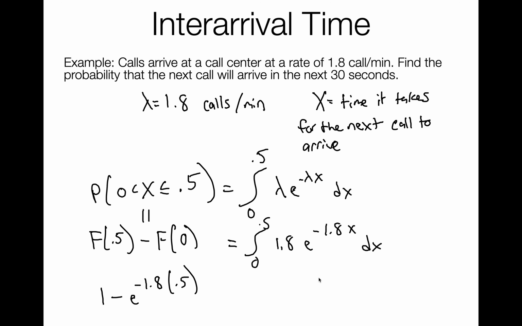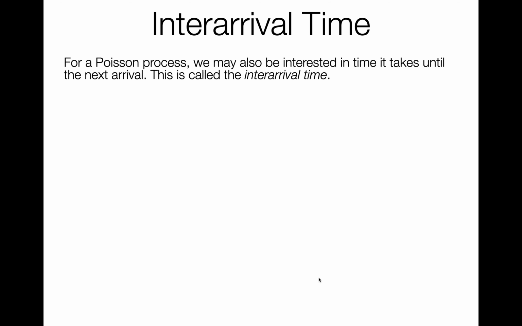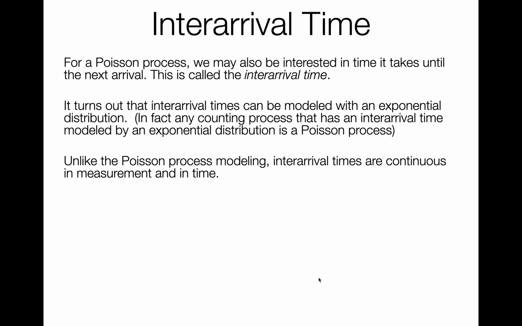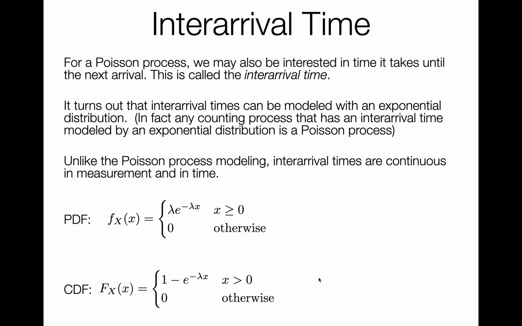If we substitute in 0.5, the CDF was 1 minus e to the negative lambda times x. Minus the CDF at 0, which technically is 0. I gave us the CDF here: for x values greater than 0, it's that function, but for 0 and less, it's 0.